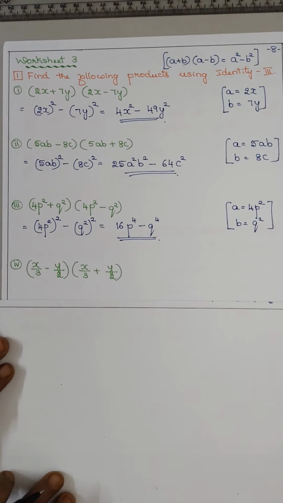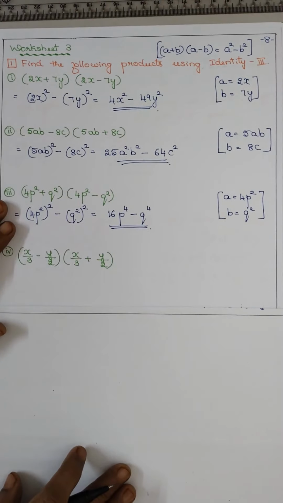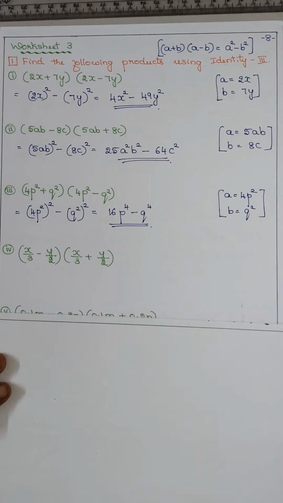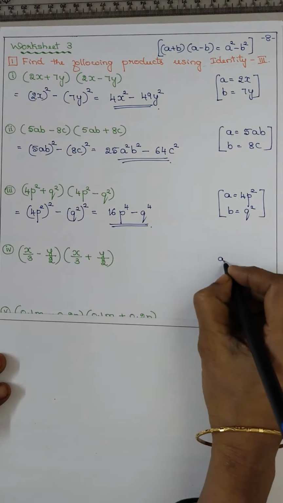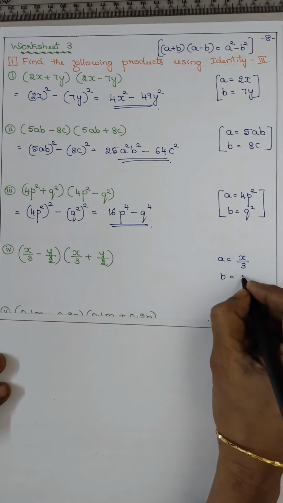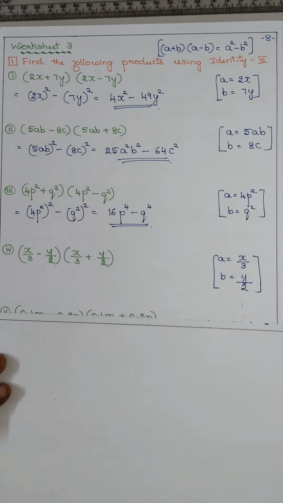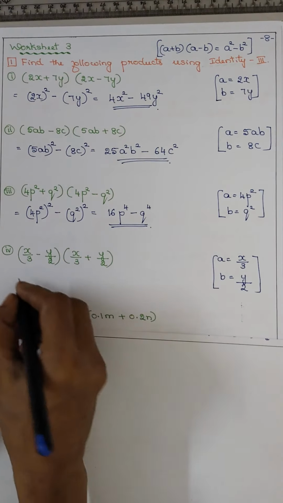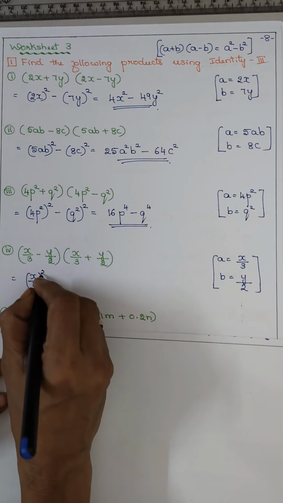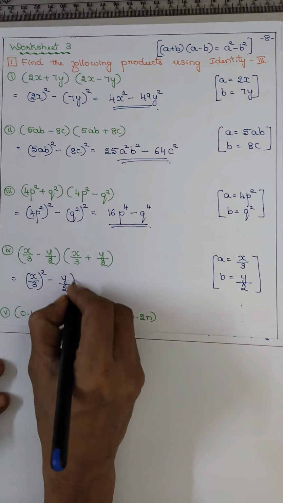Now coming to the fourth sum, it is a fraction, isn't it? So should be little bit careful. A is equal to x by 3 and b is equal to y by 2. A squared x by 3 the whole square minus b squared y by 2 the whole square.